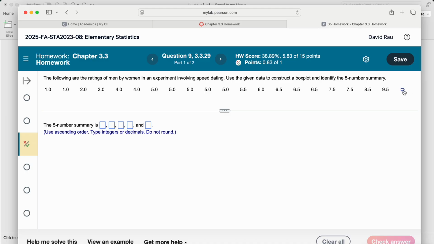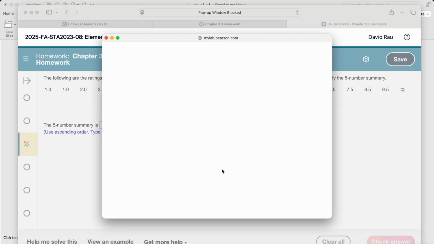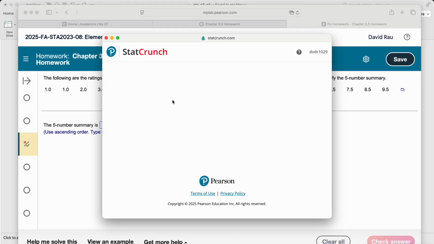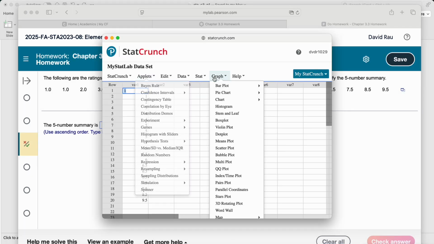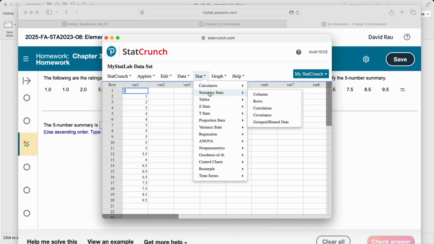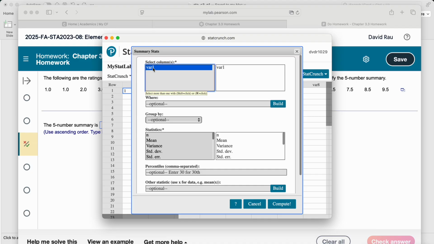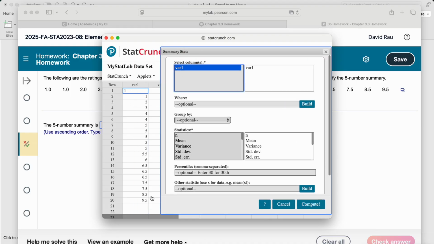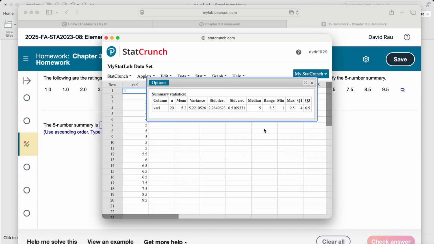Now, the good news is we've gotten used to using this menu a lot. We can go ahead and open this in StatCrunch, and we can simply say that we want the summary statistics. It's called the 5-number summary statistics. We're going to do that on the column because our entire data was put into a column, var1. And we don't have to choose any special stuff because there's the min, max, Q1, Q3, and median.